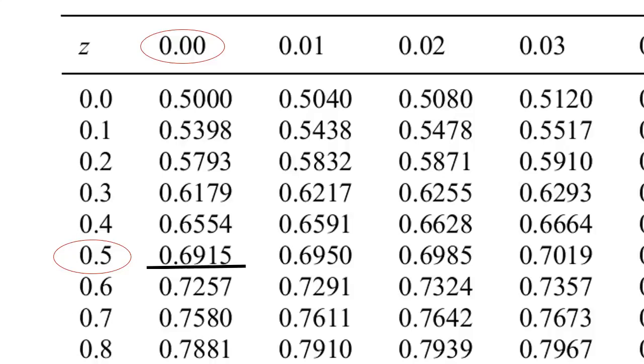So the value after checking for 0.5 on the first column, then go to the first row which aligns with Z and check 0.00 in that row.